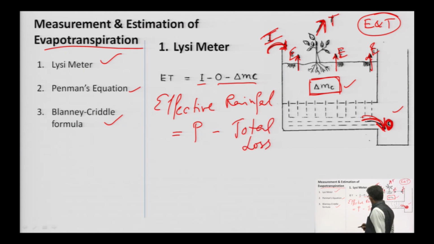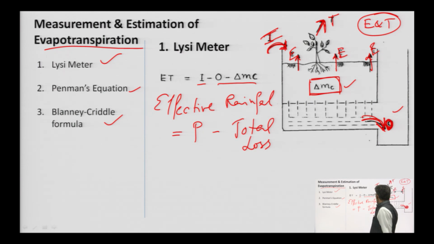When water comes to the land, some part of the precipitation is lost, known as initial loss, like intercepted water, and some part is immediately evaporated from the leaves.